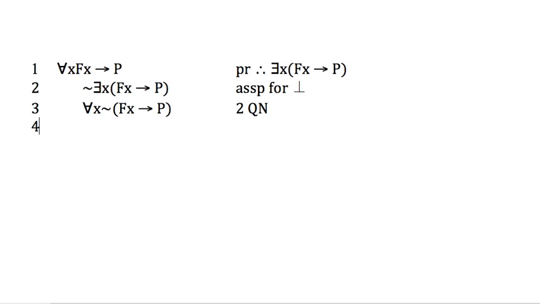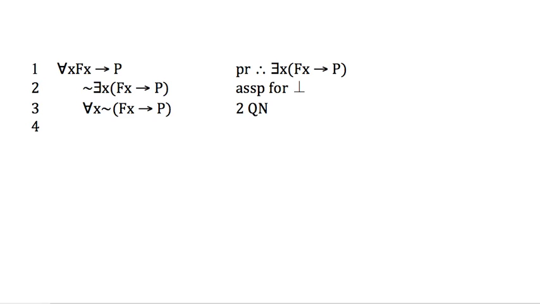Why do we know that we can get for all x f x? Because we know that when we instantiate line 3, we can instantiate to anything we like, and by an application of not arrow, we'll get f of that term, if it's x or a or e or whatever it is.